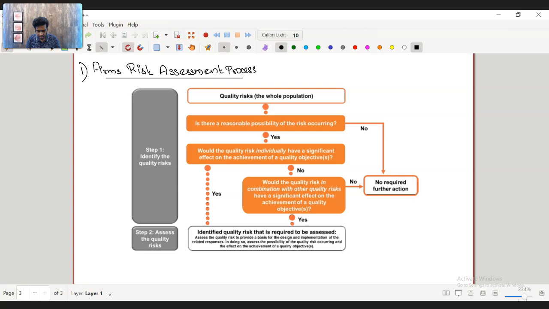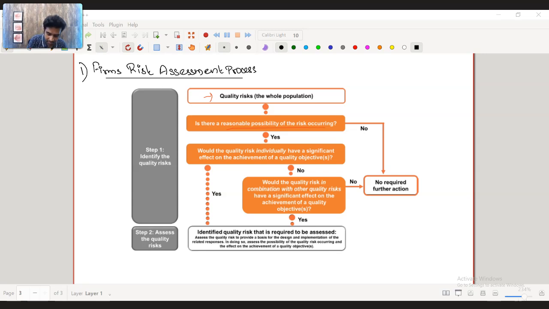Firstly, we identify the quality objectives for any firm. The second thing we are going to do is identification of quality risks. Based on the quality objectives or based on any engagement, we identify the risks that could affect the quality of the audit. The second question we ask ourselves is: is there a reasonable possibility of the risk occurring?